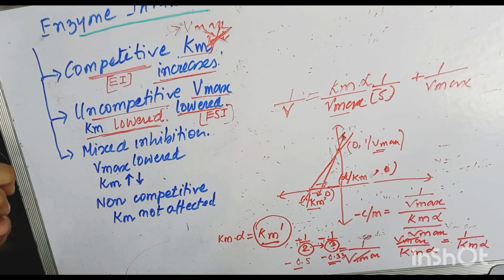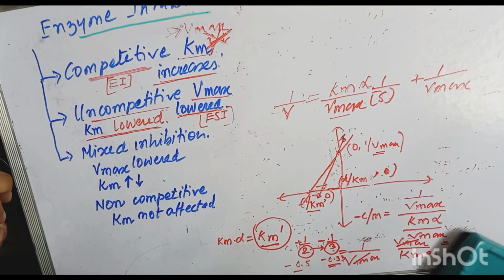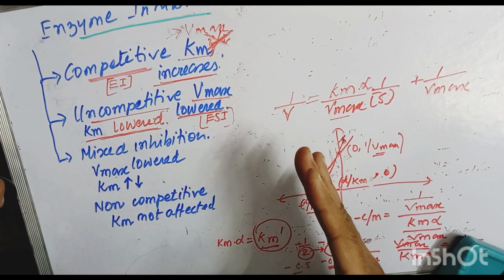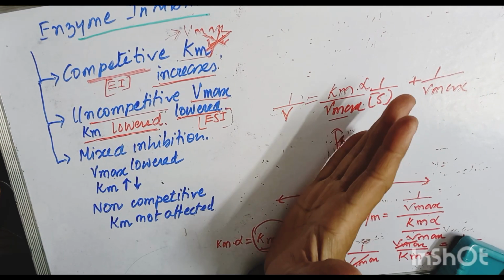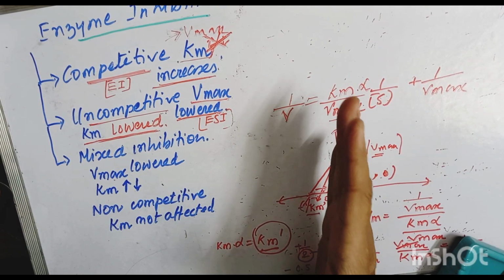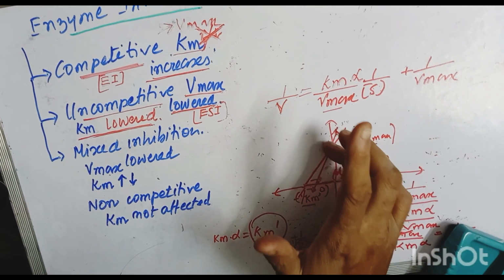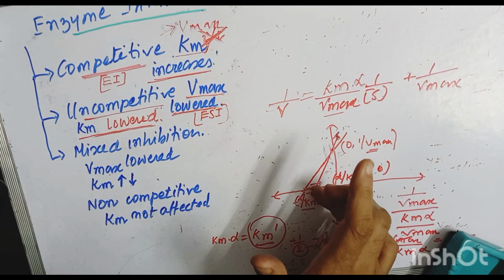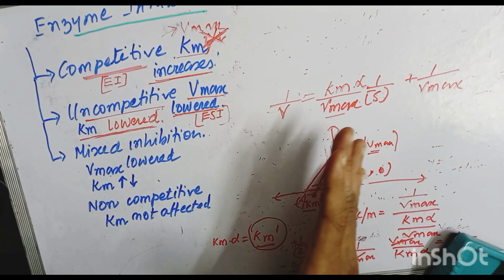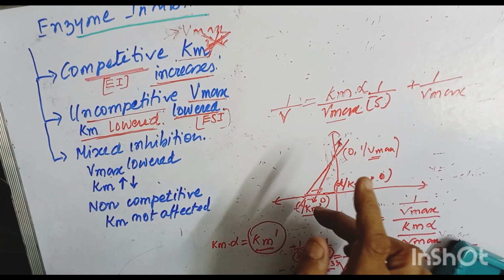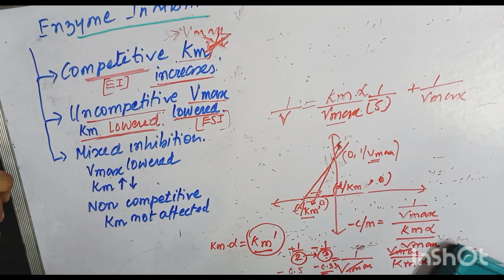For uncompetitive inhibition, we got a parallel line, where the original uninhibited line gets intersected by a line where the y-axis remains same, but the x-axis crossing, while it crosses the x-axis, it crosses a point which is closer to 0.